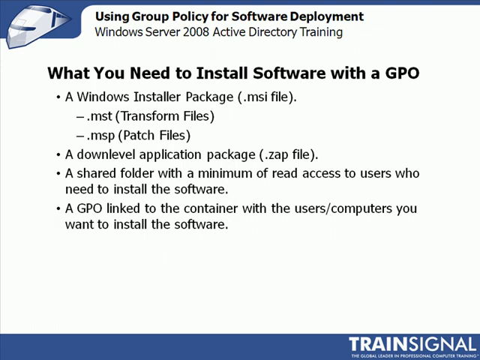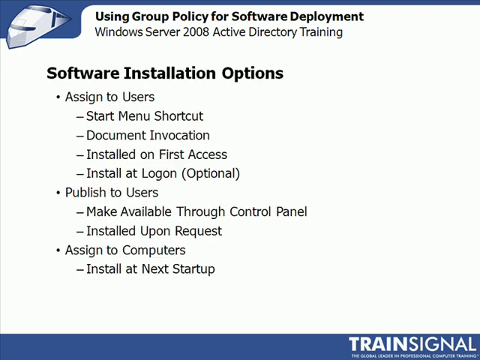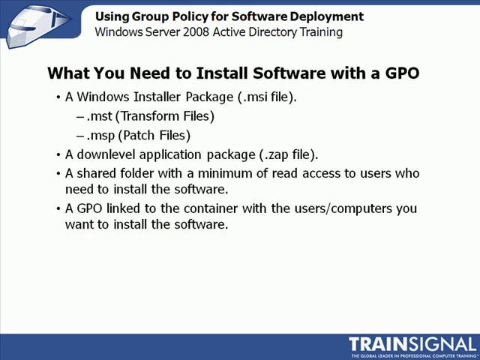One is that they work with publishing to users only. Okay, so whereas we talked about here, we can assign to users, we can publish to users, and we can assign to computers. Nope, not with the down-level application package file. Okay, those ZAP files can only be published to users.